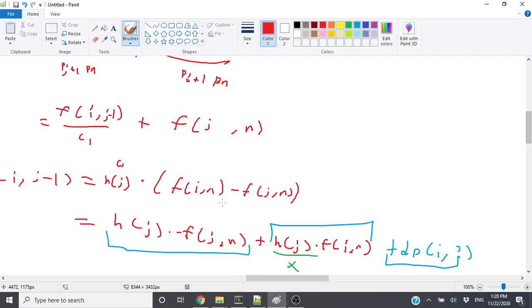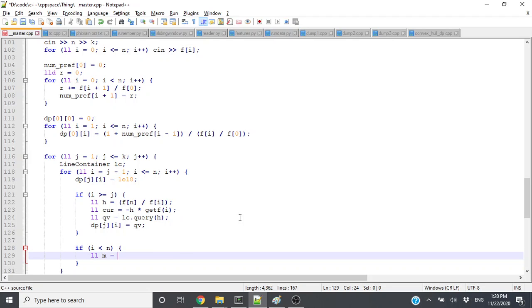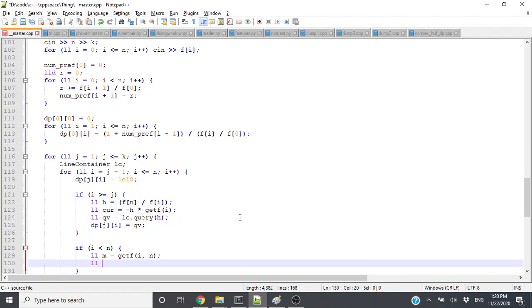And the line is f of in, LL m equals get f in, and LL b equals dp j I. No. What?